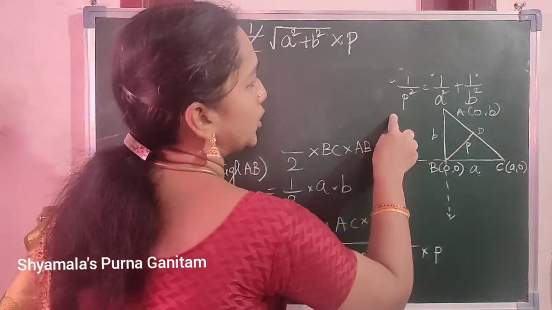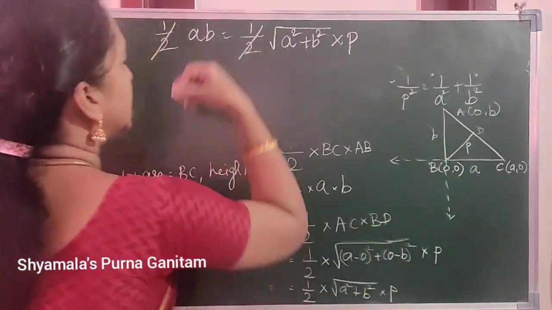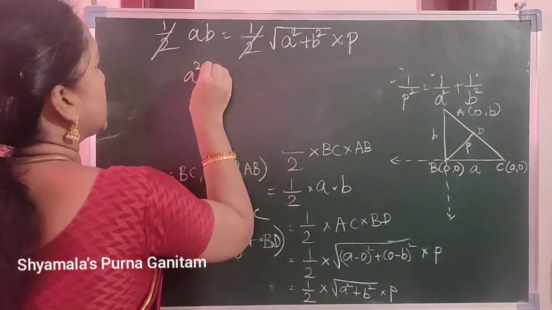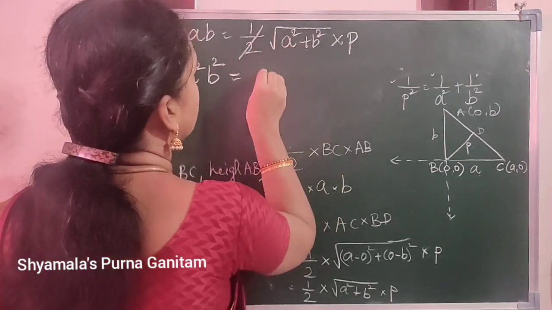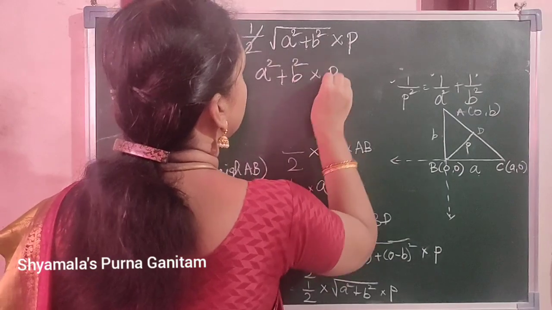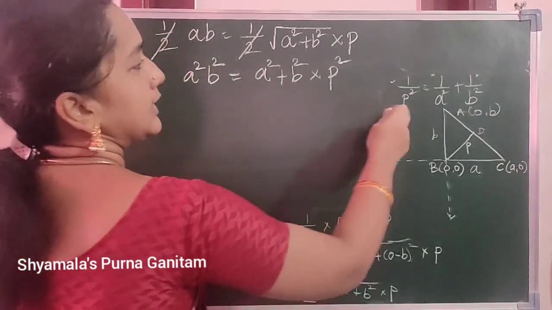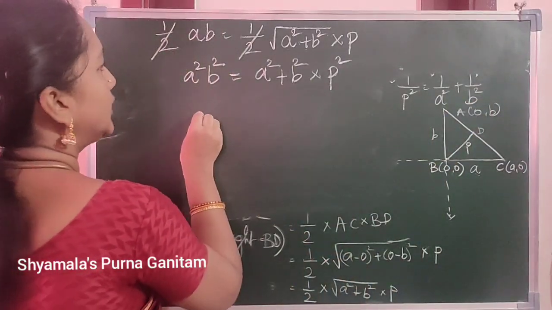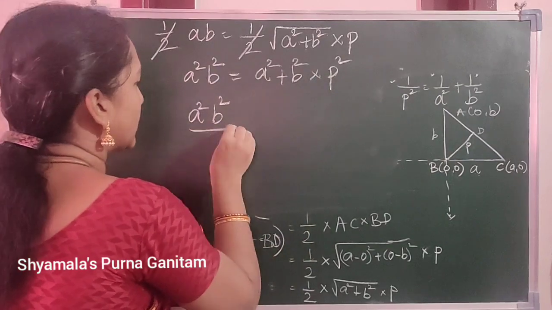We are asked to prove this: 1 by P squared is equal to 1 by A squared plus 1 by B squared. So I am squaring both sides. I get A squared B squared is equal to A squared plus B squared into P squared. When I simplify this, I bring this P squared down.